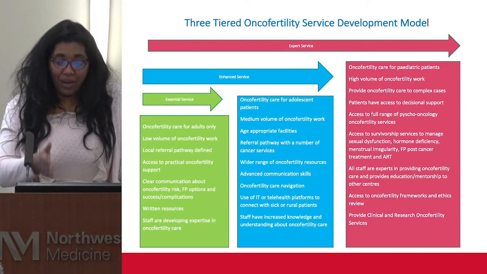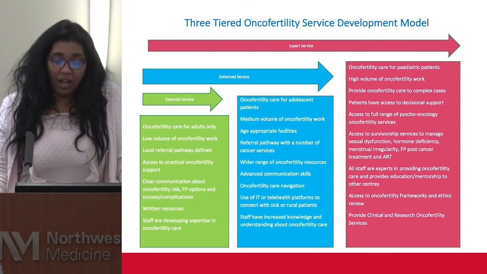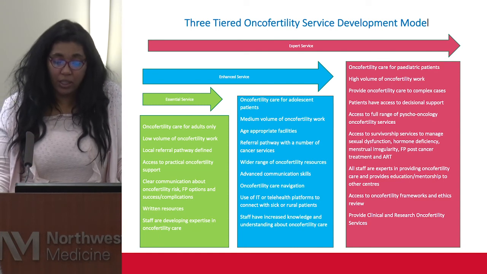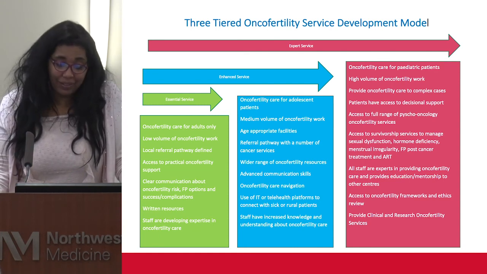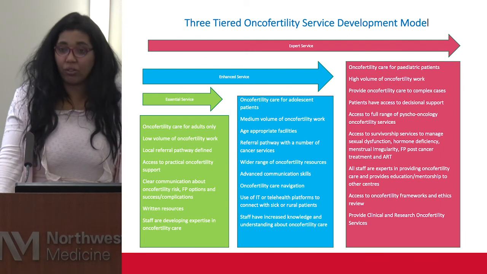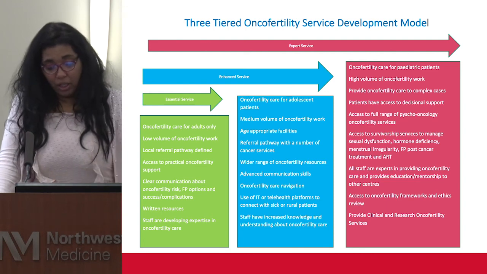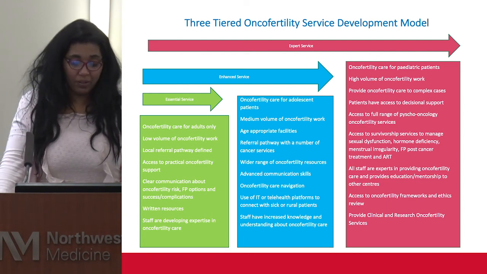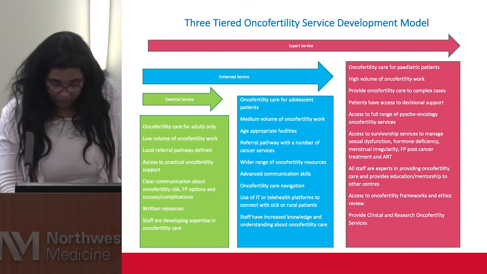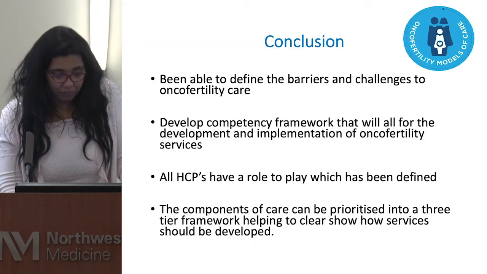Whereas when you get to the red, it's the centres that are doing high volume oncofertility work. They're seeing more complex cases. They have full range of psycho-oncology support. They're doing more research. And again, over time, you would hope that all of these centres are doing more research and have embedded frameworks and guidelines.